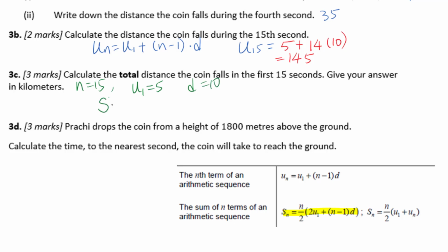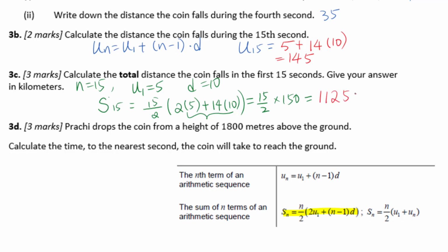Therefore, S sub 15 equals 15 over 2 times 2 times 5 plus 14 times 10. Put this into the calculator, and we will get 1,125 meters.